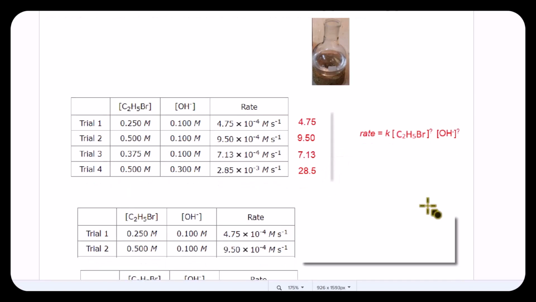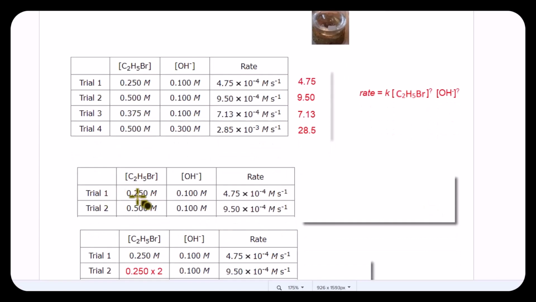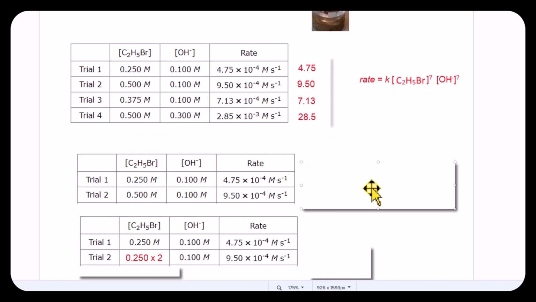So I'm going to move up a bit, and we're going to focus just on trial 1 and trial 2 because that's going to help us find this exponent. Well, I find that trial 2 is double the concentration of trial 1. Then I compare the rates of those two.